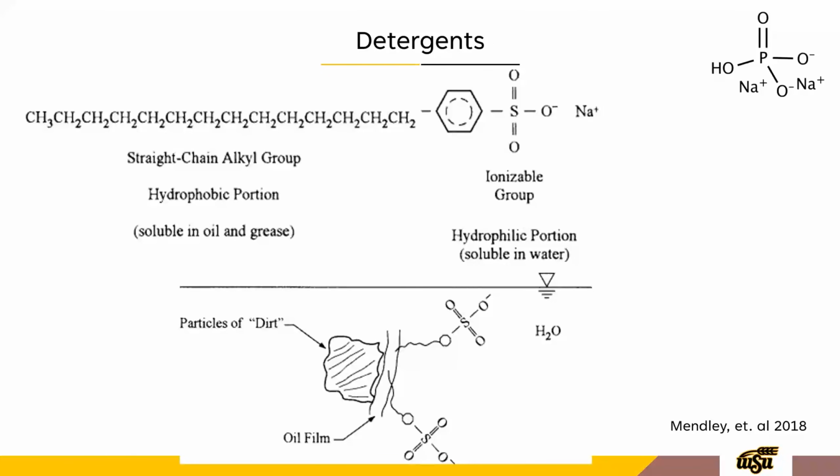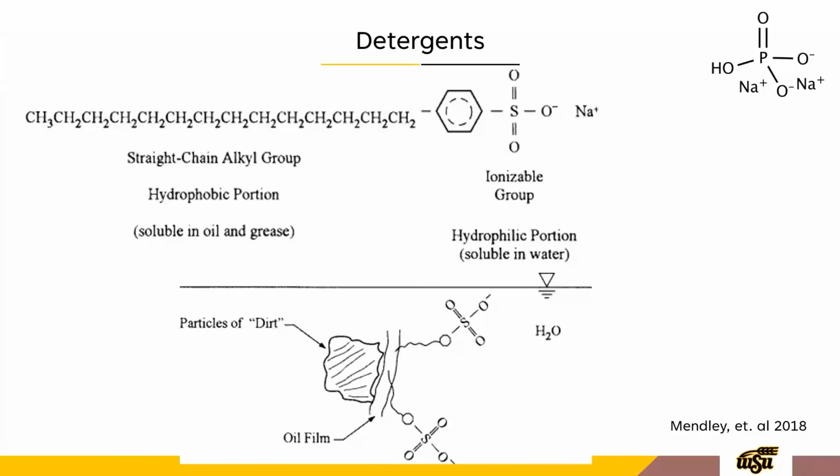Now, I bring up this slide in that detergents historically used to be pretty large sources of phosphorus. Largely, those have been changed under law and just public pressure. So at the very top here, we have an example of a detergent.